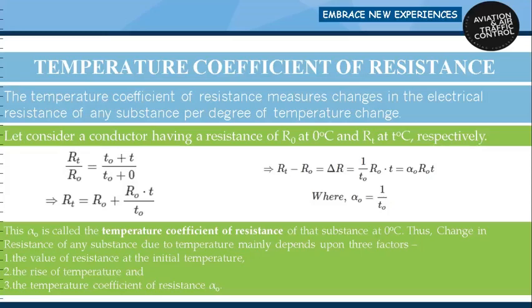First, the value of resistance at initial temperature, which here is R naught. Second, the rise of temperature, which is T. And third, the temperature coefficient of resistance, which is alpha naught, where alpha naught is equal to 1 upon T naught.